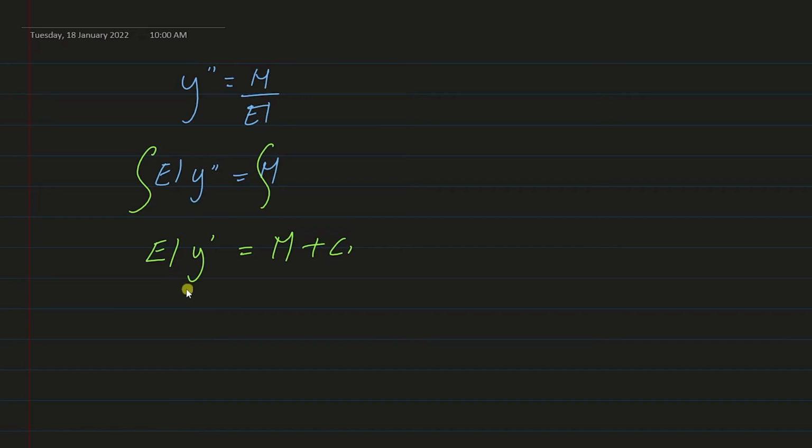Okay, so this, mga bis, kapag isi-simplify natin, Y prime, ito, itatransfer natin sa kabilang side ng equation, M plus C1 over, ibababa nga natin yun, di ba? EI, this will be our slope equation kasi Y prime or the first derivative, this is also equal to dy over dx and is also equal to the slope. So, this term or this equation or the first derivative, we can also call that as our slope equation.